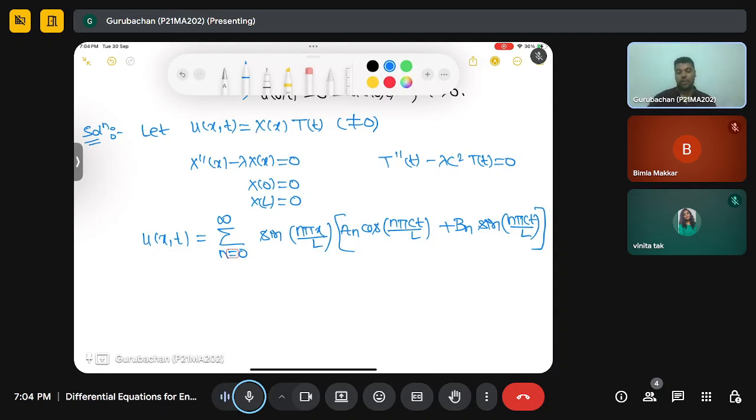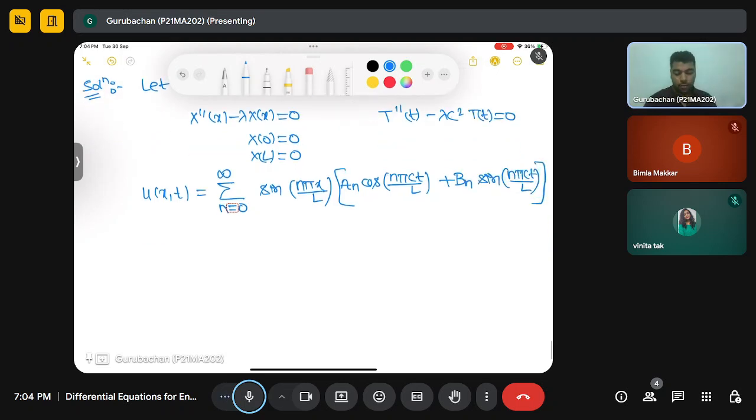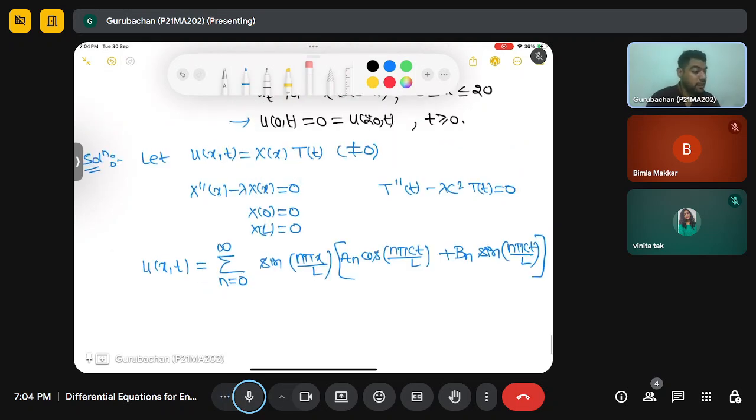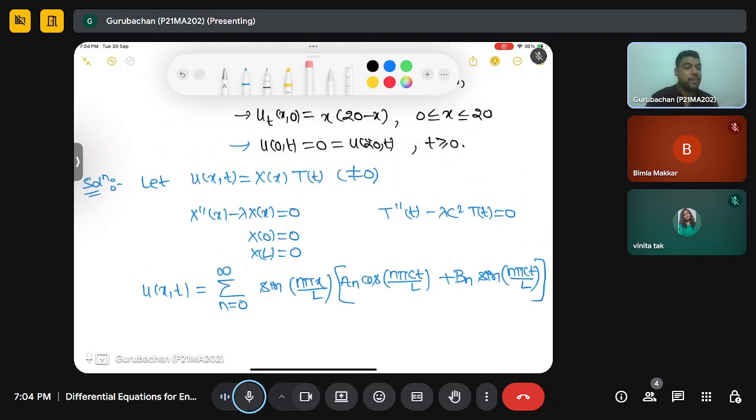So how can we do this? We have to use the initial conditions. So the first initial condition is u(x,0), the given function. Before that let me just make a change. Here L is given as 20 and c is given as 3.